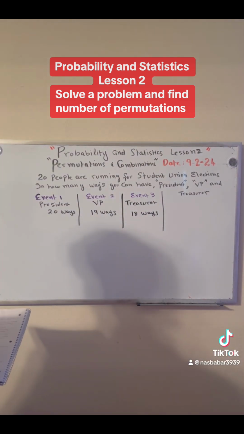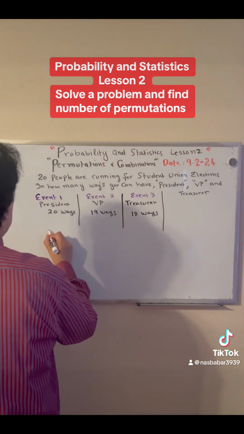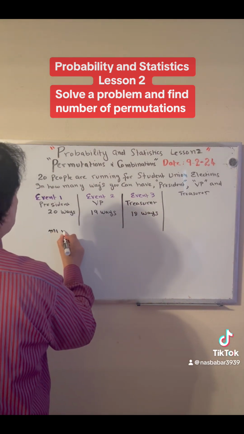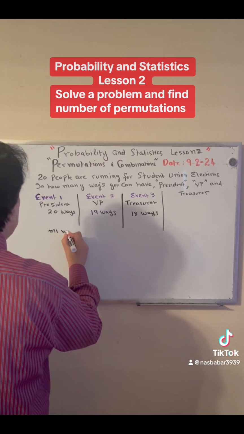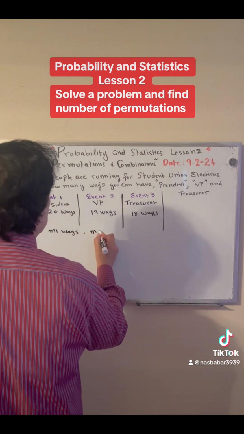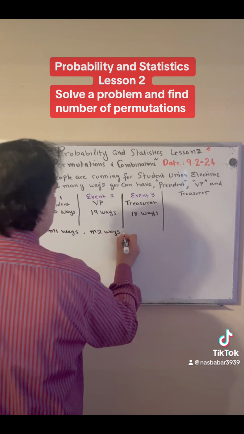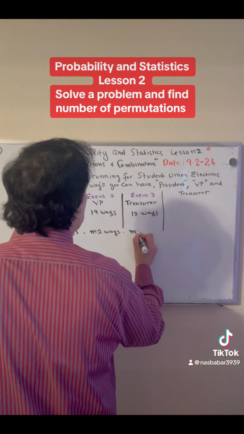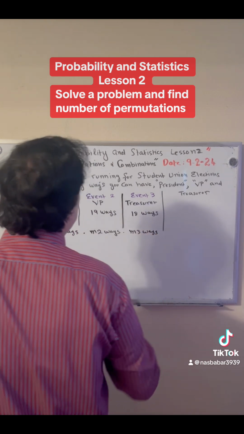Now, remember I told you the formula: M1 ways multiplied by M2 ways multiplied by M3 ways will give you the answer.